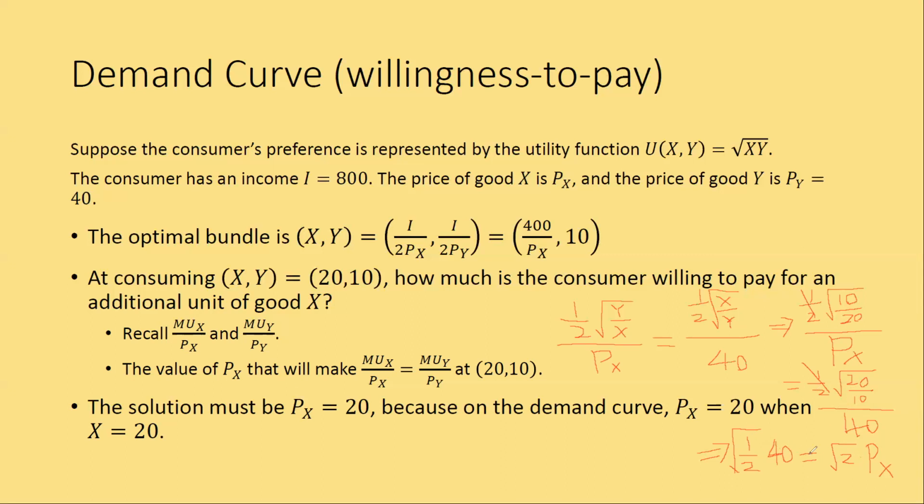And we can divide both sides by the square root of 2. So this is going to be the square root of 1/2 divided by the square root of 2, multiplied by 40, equals Px. And this says exactly that Px equals 20.